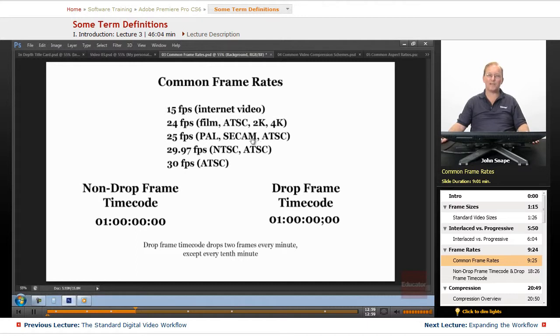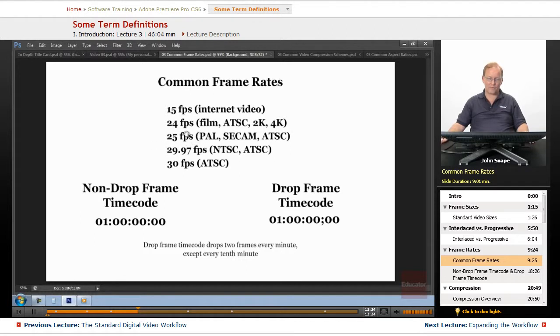We just call it SECAM. There's some French phrase that makes SECAM, but this has mostly been folded into the PAL video. So when you're in a country that uses SECAM, they can use a PAL television and watch the SECAM broadcasts. And again, ATSC also uses 25 frames per second.